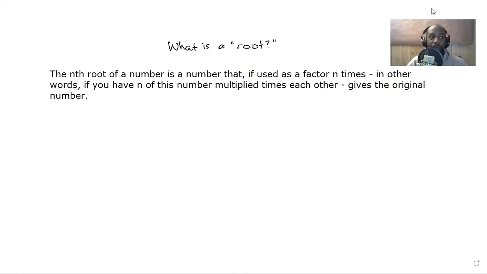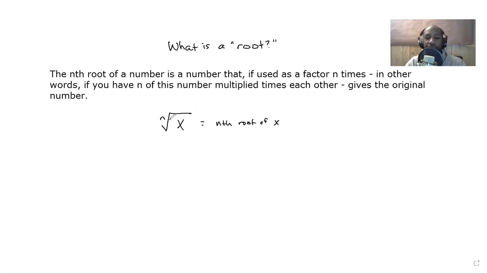All right, so let's write out the mathematical representation of that. So that looks like this. The nth root of some number x. So this basically is the nth root of x. That's what it stands for.